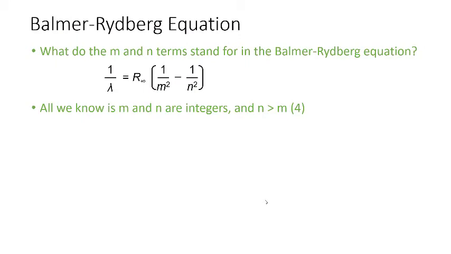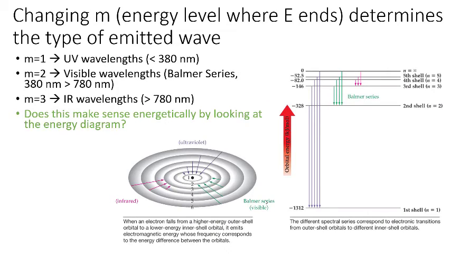So these individual quantized energy levels associated with the Bohr model are actually the justification for this Balmer-Rydberg equation. So changing m, the energy level where the electron ends, determines the type of emitted wave that we get.